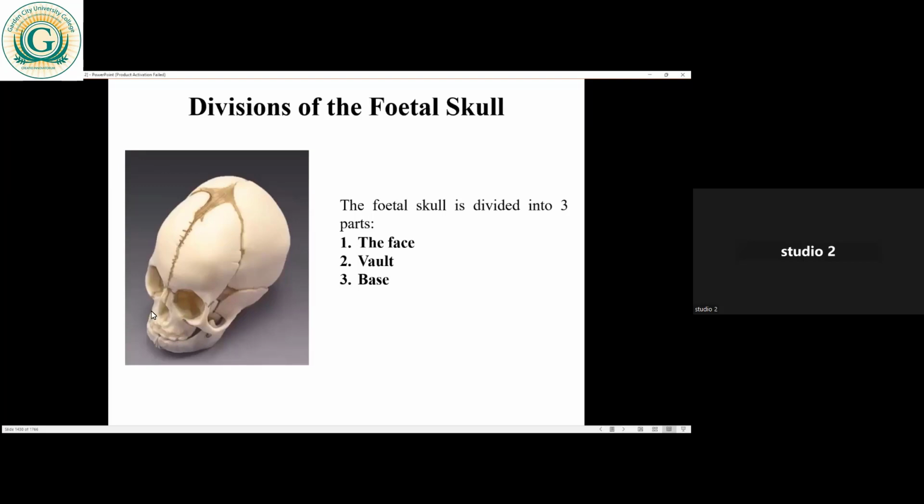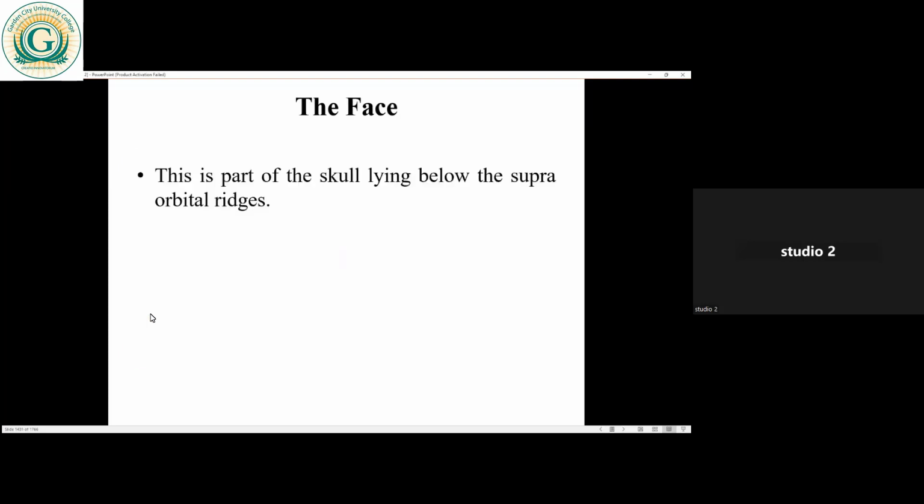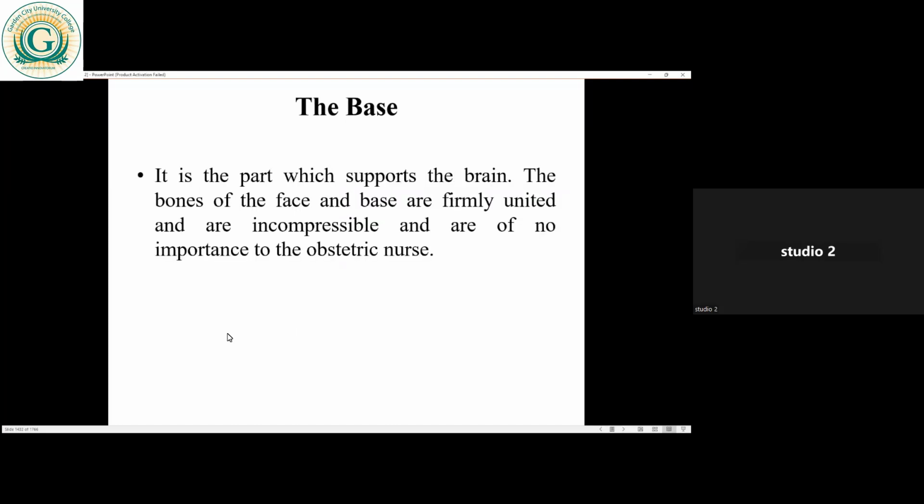Then we move on to the base, which supports the brain. The bones of the face and the base are firmly united and are incompressible during labor, and are therefore of no importance to the obstetric nurse.